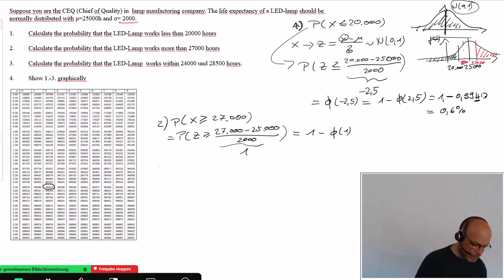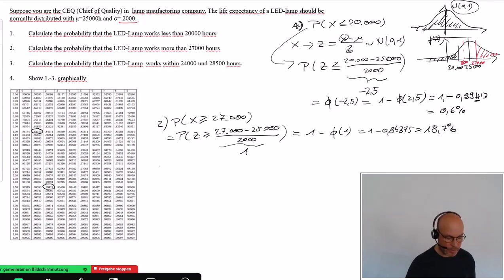Where is our 1? Within our table, down here, 0.84375, so this is roughly 18.7%.